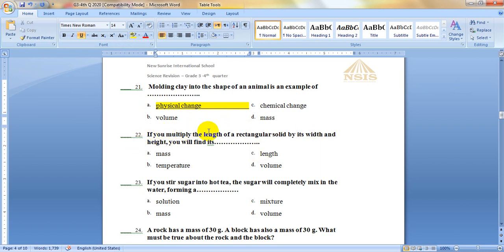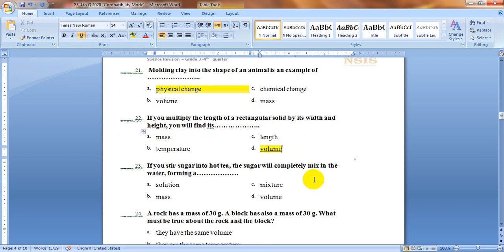The next question, 22. If you multiply the length of a rectangular solid by its width and height, you will find its mass, temperature, length, or volume. Do you remember? Length, L, times width, W, times H, height, equals volume. 23.